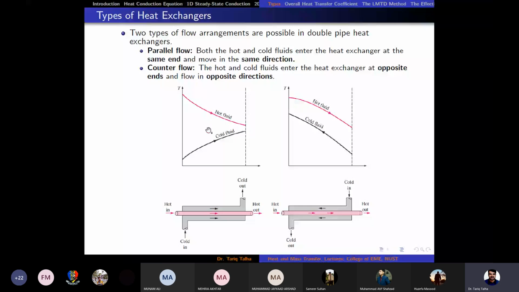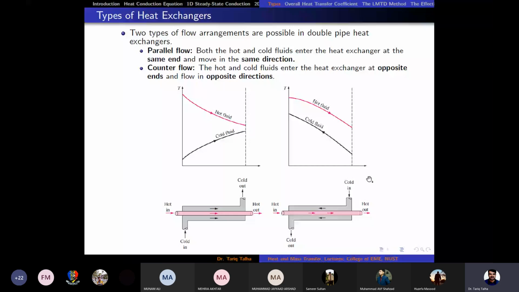In the parallel flow arrangement, the maximum temperature difference is in the beginning, and then the temperature difference decreases rapidly. So it is kind of that constant temperature boundary condition graph. But here on the right hand side, it looks like the temperature difference between that solid surface and the mean temperature, so it is kind of that constant heat flux graph.